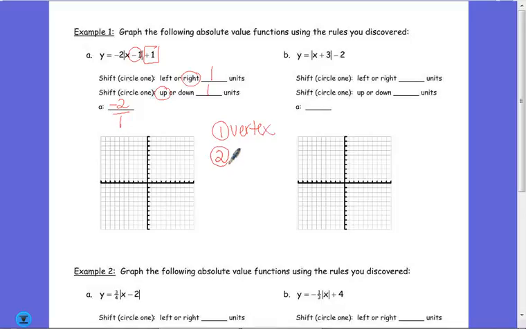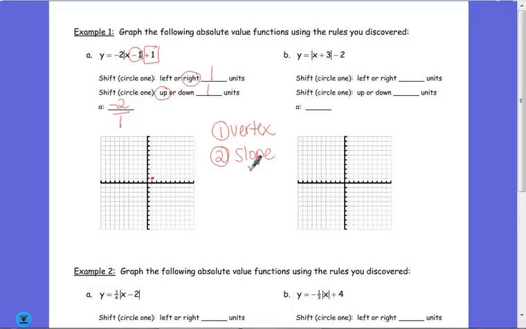The second thing you use is the slope. So we're going to use these two instructions to make the vertex. We're going to go right 1 and up 1. So from 0, 0, right 1 and up 1. There's my first dot.